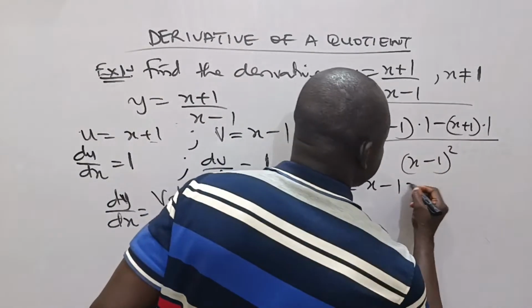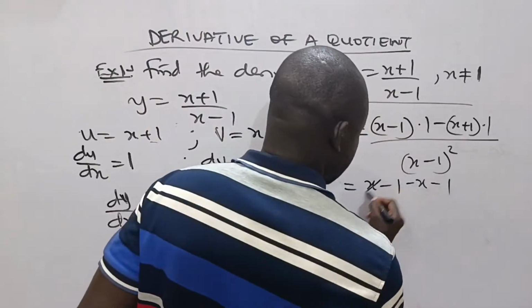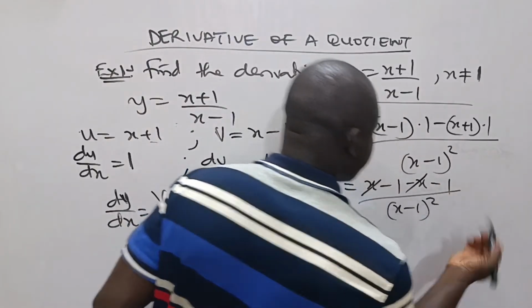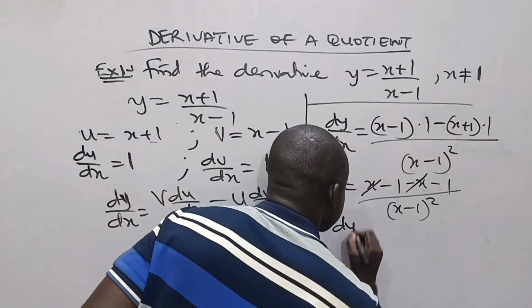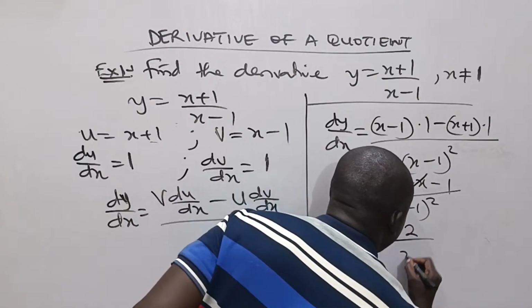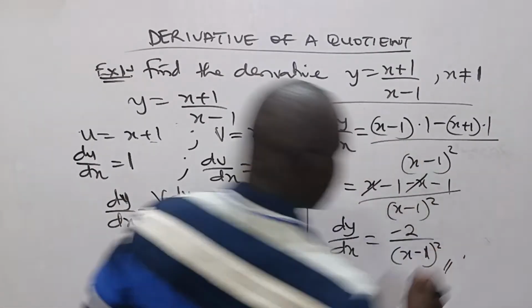Then in this case, we have minus x minus 1. So x will cancel x, all over x minus 1 all squared. Finally, dy dx will now be minus 2 all over x minus 1 all squared. So this is what will be our final answer.